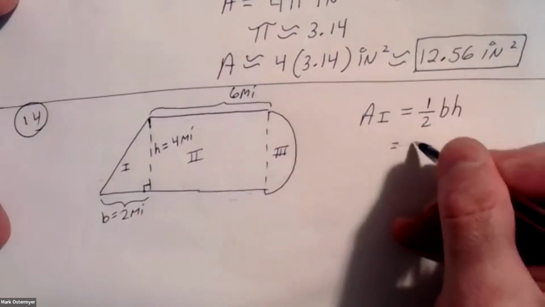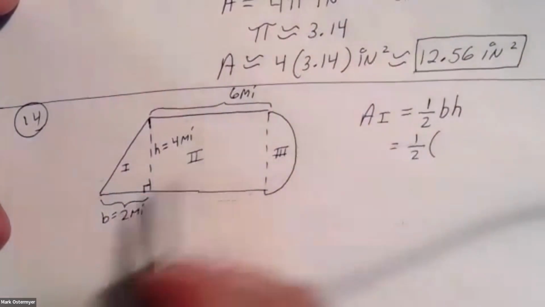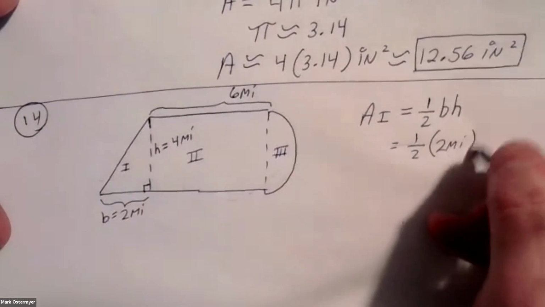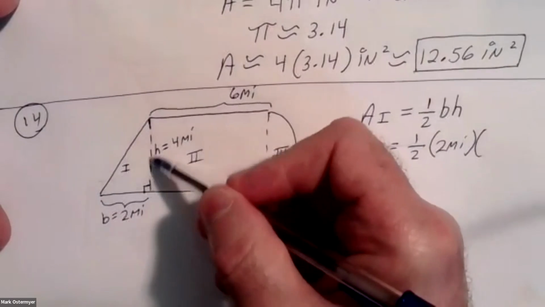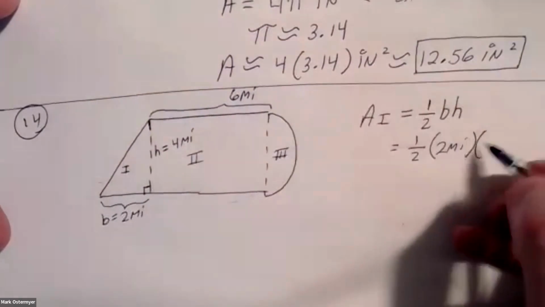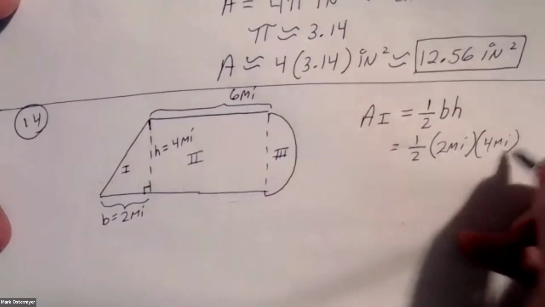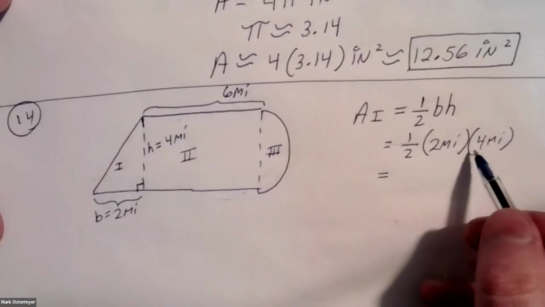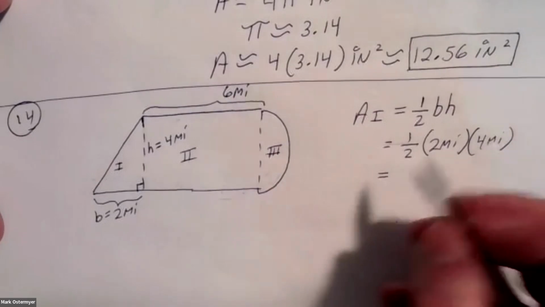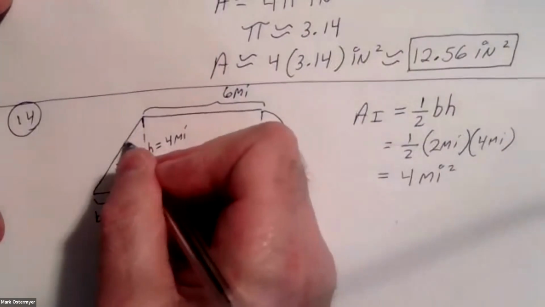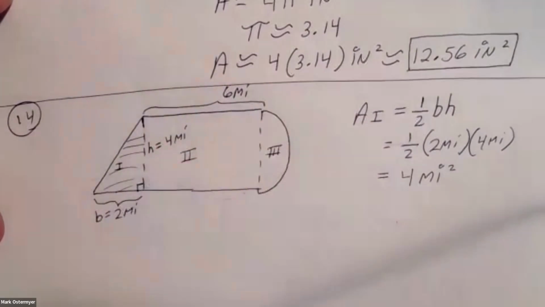So the area of that triangle is going to be 1/2 times its base, which is 2 miles here to here, times the height or the altitude, which is 4 miles here to here. This is the height of this triangle. So what's 1/2 of 2? That's 1, and 1 times 4 is 4. So we would get 4 square what? 4 square miles is the area of this triangle, 4 square miles.